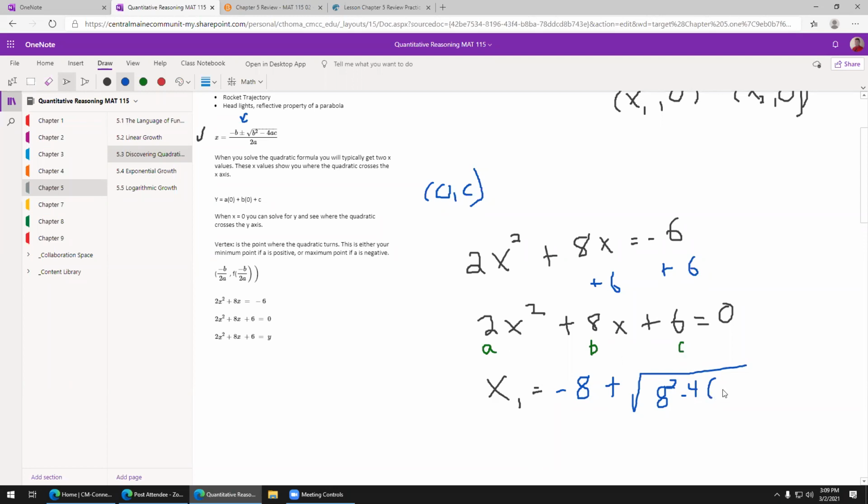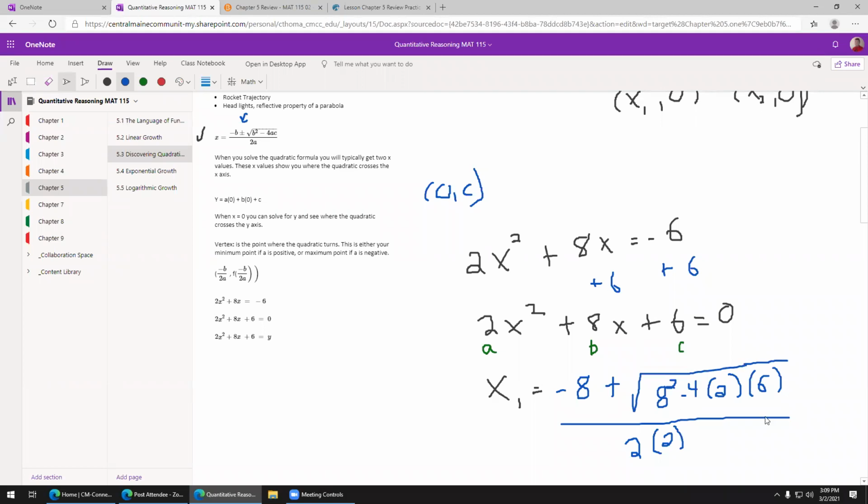Times a, which is 2, so negative 4 times 2. And then times c. C in this case is 6. And that's all under the square root. And then I take all of that and I divide it by 2 times a, which is also 2 in this case. So all I did was take this formula up here and substitute in what b was, what a was, and what c was, right?